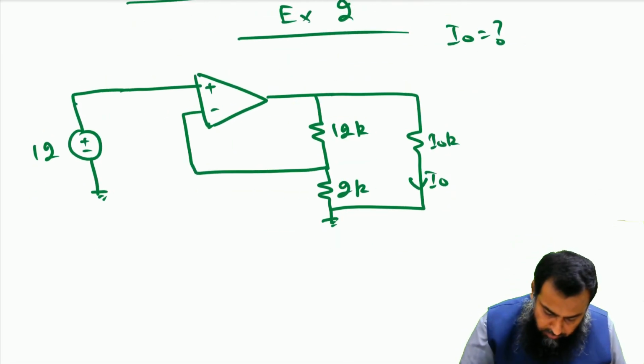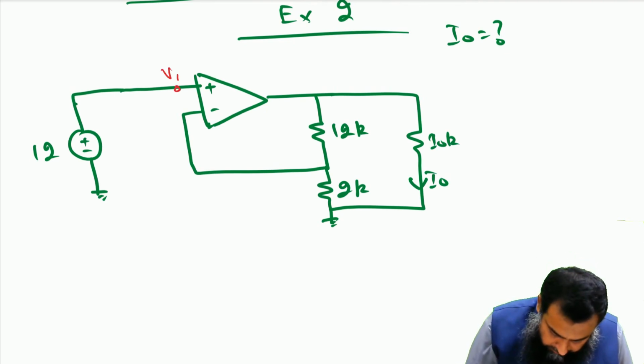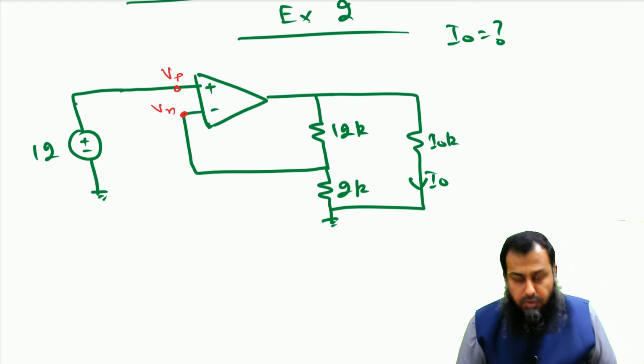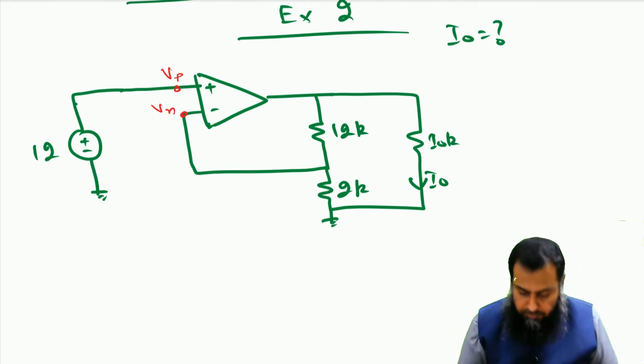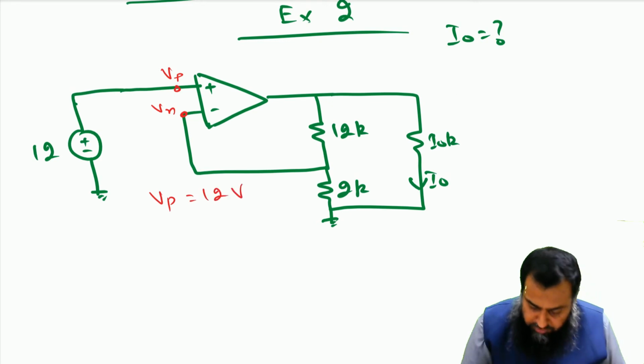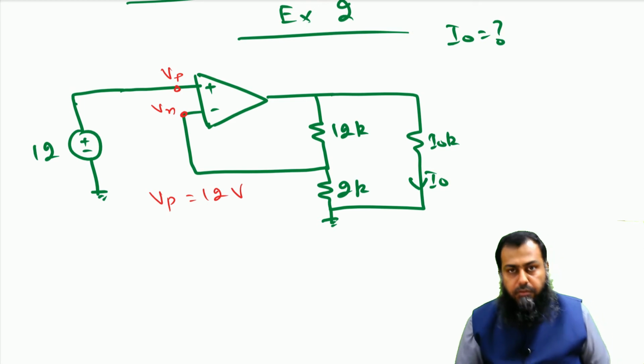To start with, this is Vp, this is Vn, and we are very sure that Vp is equal to 12 volt because it is connected directly to the voltage source. So Vp is known, and hence we know the value of Vn by virtue of the virtual short.